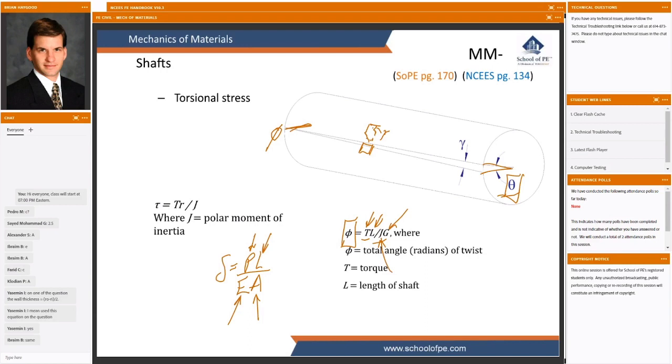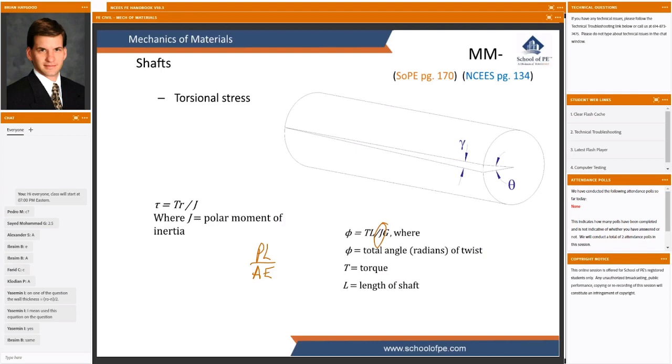Those are very similar equations, TL over JG versus PL over EA, pretty related to each other. So if you find one, you might feel confident in using it for the other. It becomes apparent that we're using J in this equation as a substitute for our understanding of how the cross-sectional area performs, as opposed to material properties, loading, and dimensions, which we see in the other factors. So our cross-sectional shape is described as A in one case and J in the other.